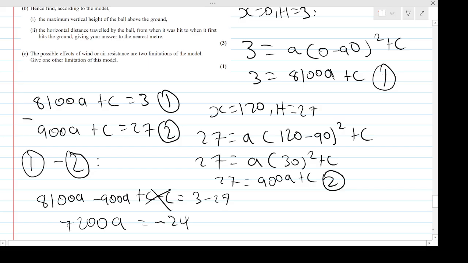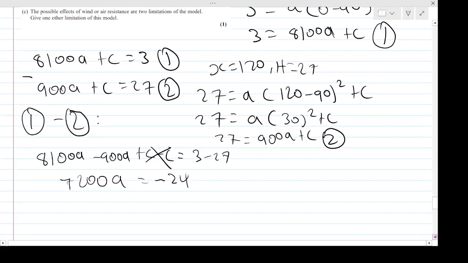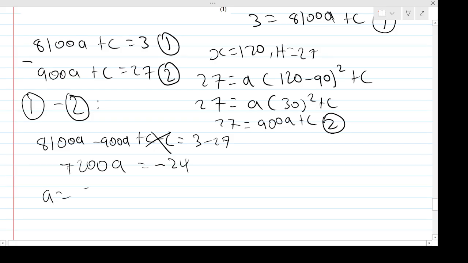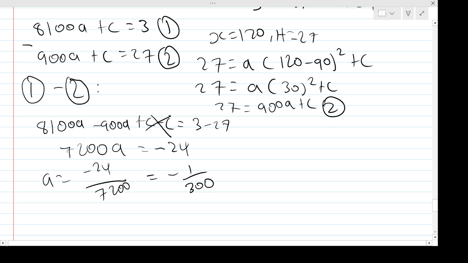Okay, well that is a very nice equation. I can solve for A now, because then A is going to be take away 24 over 7,200. And what does that get me? Minus 1 over 300. Okay, so that's A. Therefore, I can then find C, again by substituting A into either equation.